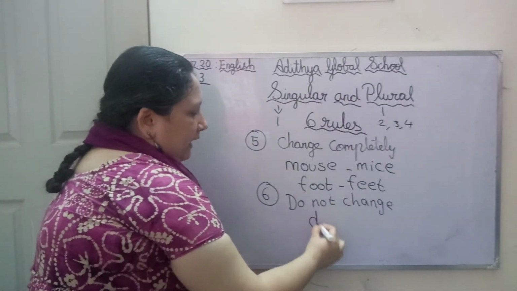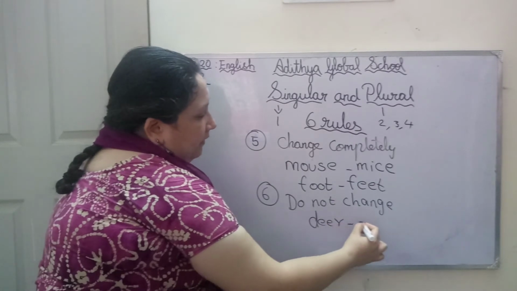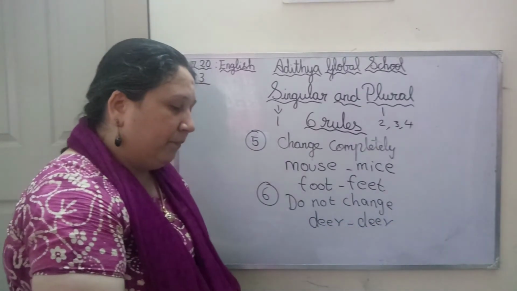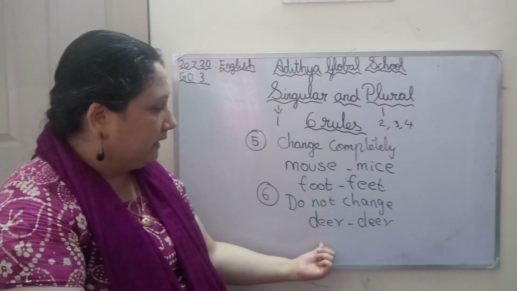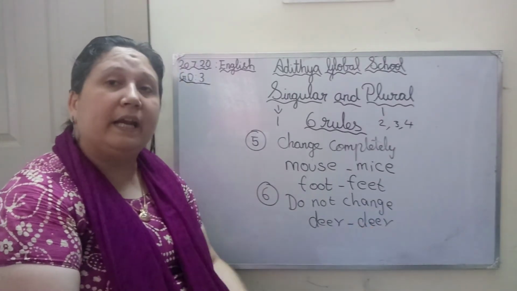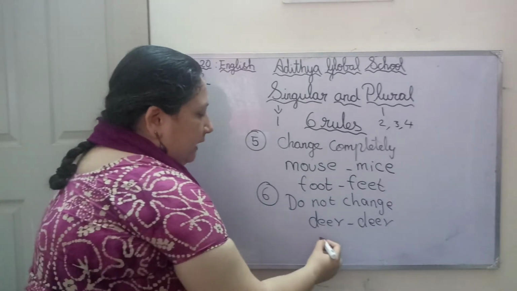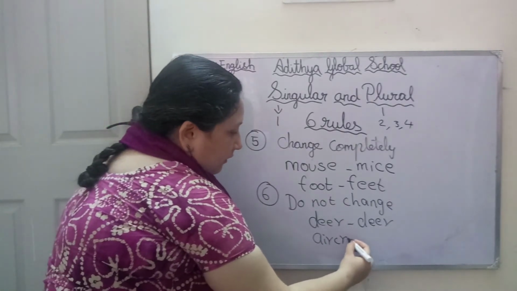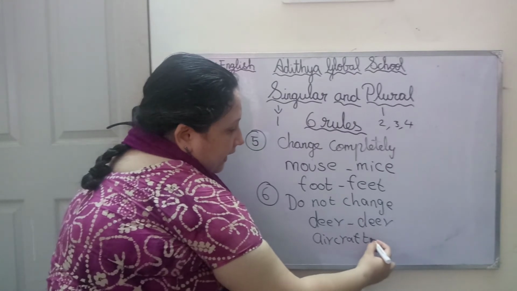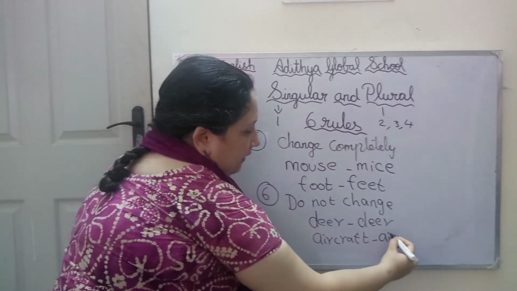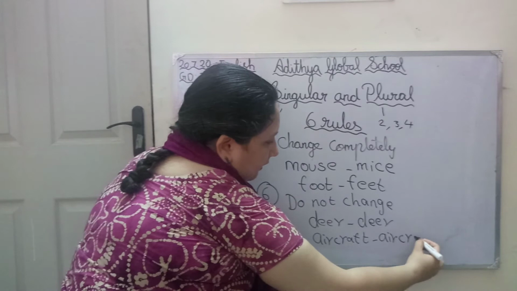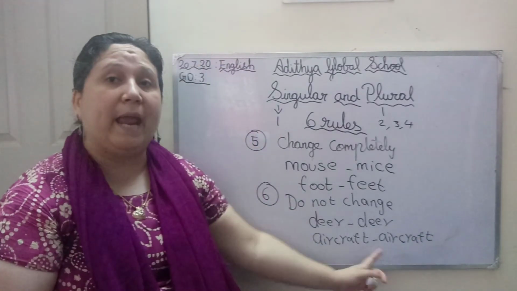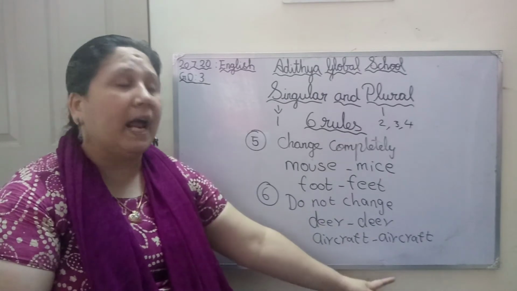Like deer in singular form, deer in plural form. Another one is aircraft. Aircraft here and aircraft there. You see the same remains in singular and plural.